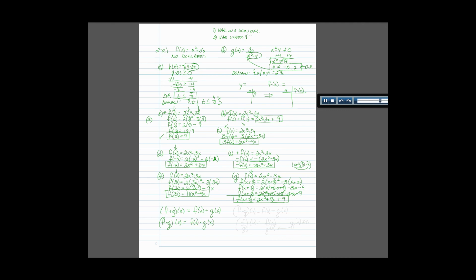F minus g of x is equal to f of x minus g of x. And finally, f over g of x is equal to f of x over g of x, provided g of x does not equal 0, because you would have a 0 in the denominator. So let's take a look at how this works.